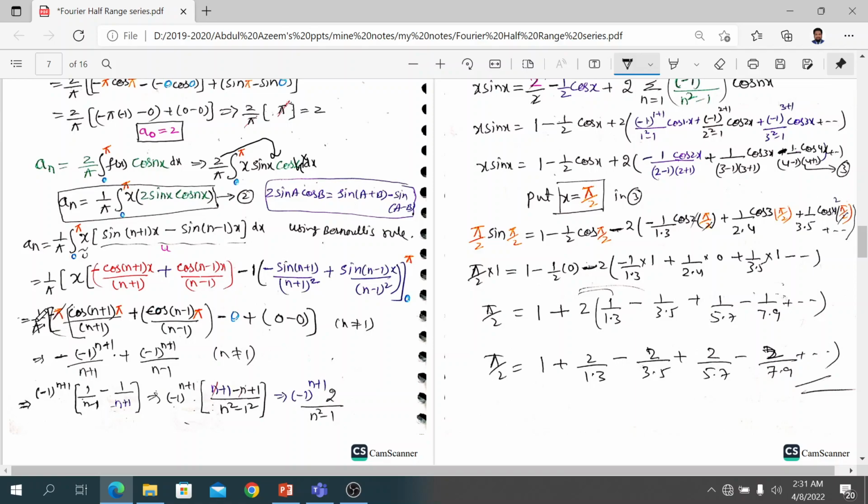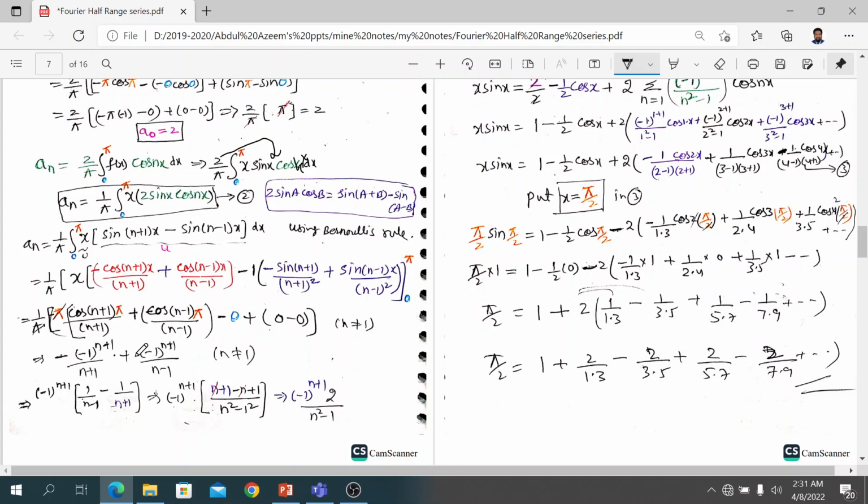So the final answer is 1 by pi, this pi cancels, and taking pi common, cos(n+1)pi becomes minus 1 power of n plus 1 by n plus 1, plus this one becomes minus 1 power of n minus 1, so minus 1 power of n plus 1 by n minus 1. Here take minus 1 power of n plus 1 common.